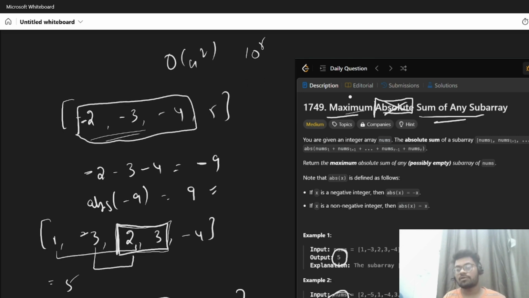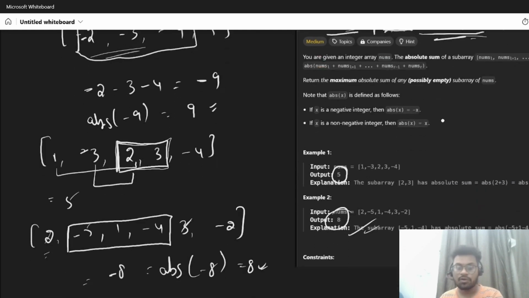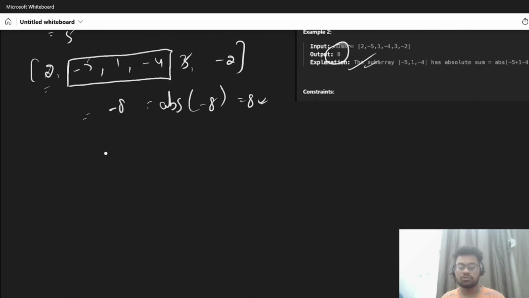If you carefully observe, it's a maximum. If you don't consider the absolute, it will be the same solution as the maximum sum of any subarray. So what you can do is use Kadane's algorithm, which gets the maximum subarray sum. It only gives you the positive sum.